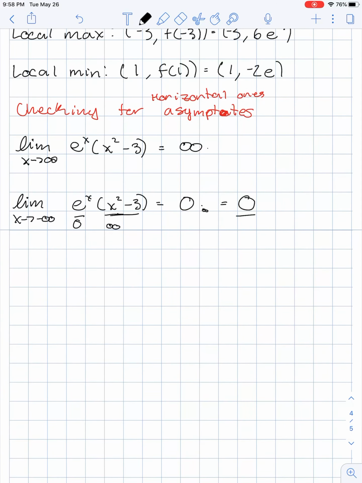I'll draw a picture of what this graph looks like to describe what I'm saying. I can never spell asymptote right.